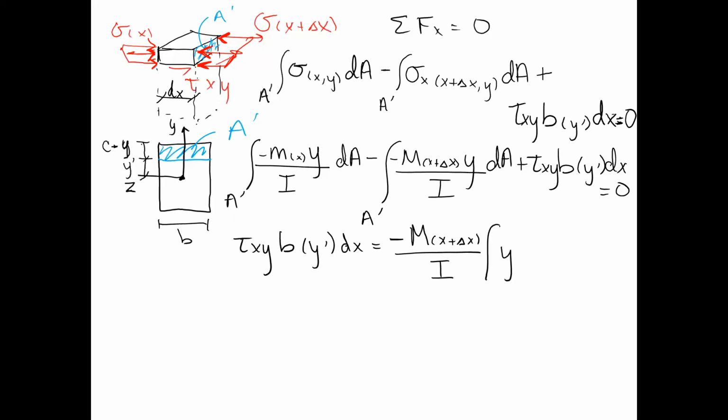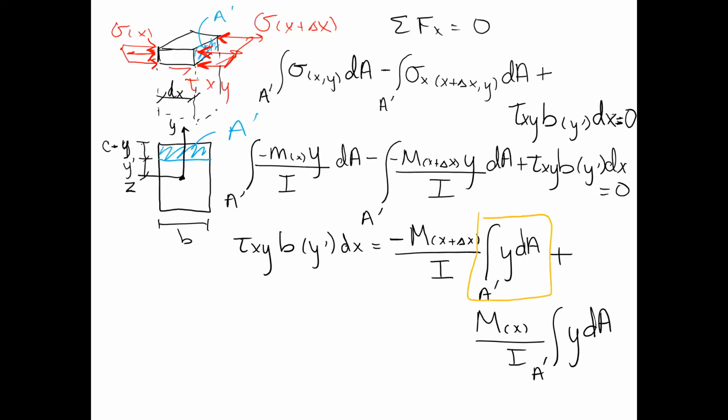And that's integrated times y dA. And then that gets added to M at x over I times the integral of y dA. Okay, so note these both have this integral of y dA term. And it would be really nice if we could get rid of that integral.